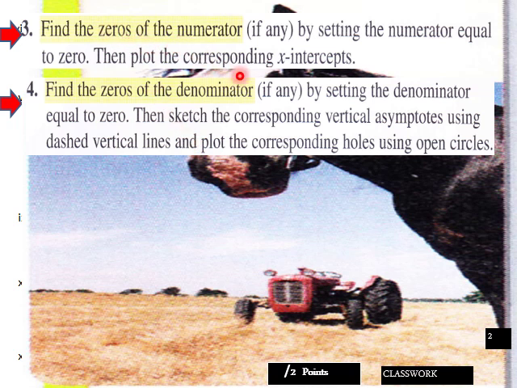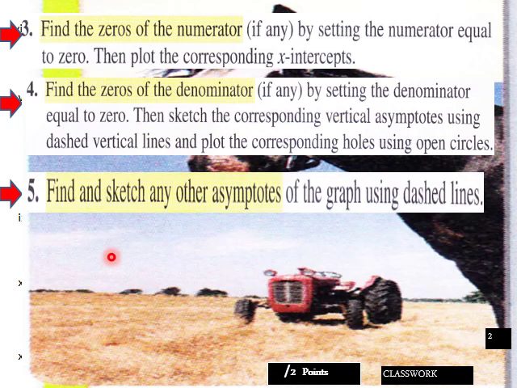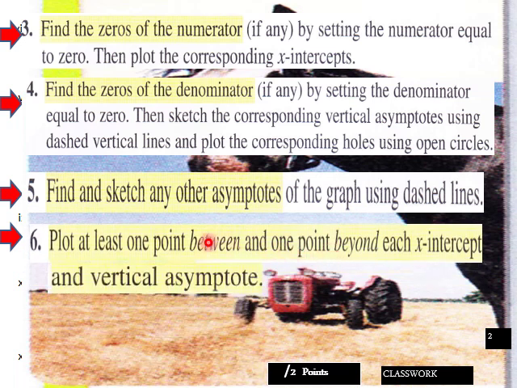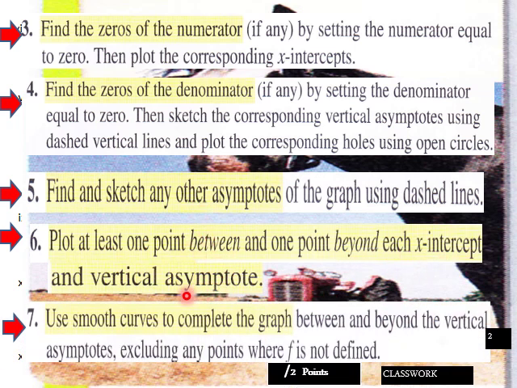So the zeros of the numerator will be your x-intercepts, and the zeros of the denominator are your vertical asymptotes. 5, find and sketch any other asymptotes of the graph using dashed lines. 6, plot at least one point between and one point beyond each x-intercept and vertical asymptote. 7, use smooth curves to complete the graph between and beyond the vertical asymptotes, excluding any points where f is not defined.